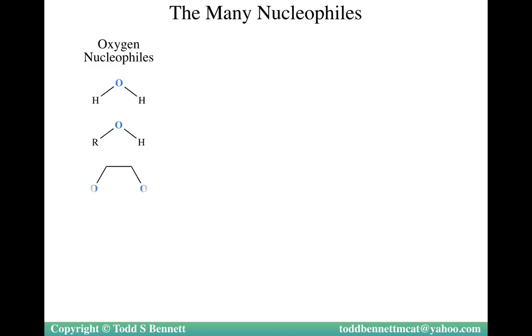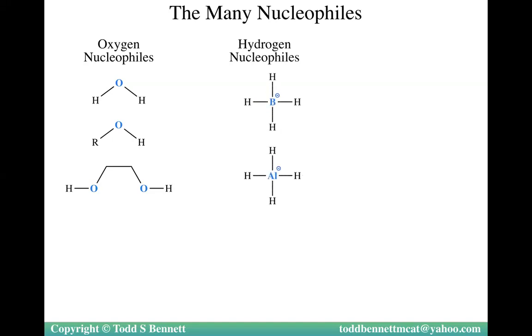We've done water as a nucleophile, we've done alcohols as a nucleophile, and when we formed ketals and acetals, we used a diol. So OH on a water, OH on an alcohol, two OH's on a diol. Hydride has also been a nucleophile. We learned that in the alcohol chapter when we dealt with sodium borohydride and lithium aluminum hydride, where hydride was a good nucleophile. With carbon nucleophiles, Grignard and cyano groups.